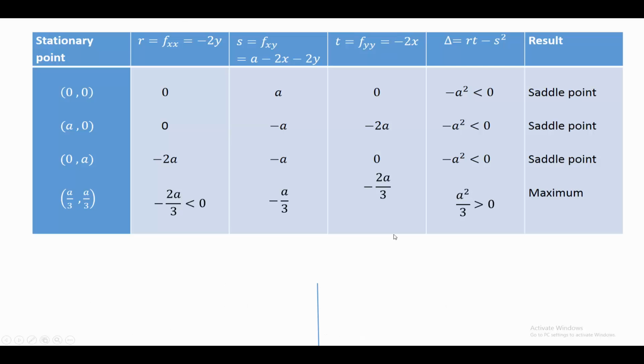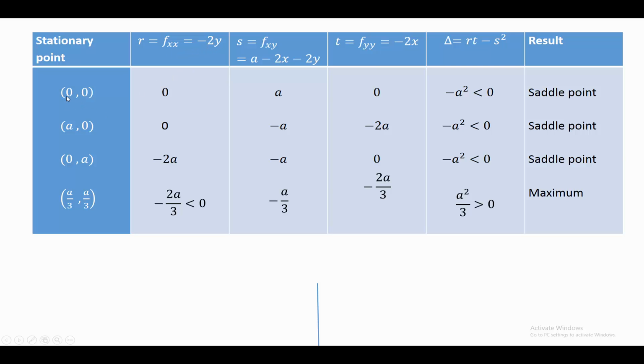Now find the values of r, s, t and delta at all these 4 points. For that, prepare a table. The first column is the stationary point. We get 4 points: (0, 0), (a, 0), (0, a), and (a by 3, a by 3). Then r. R means f double x, and we know f double x is minus 2y.